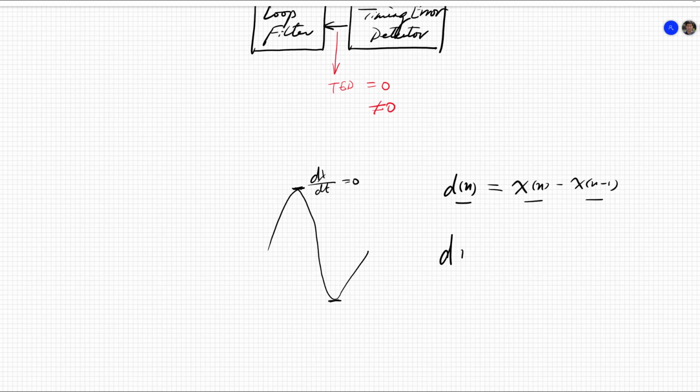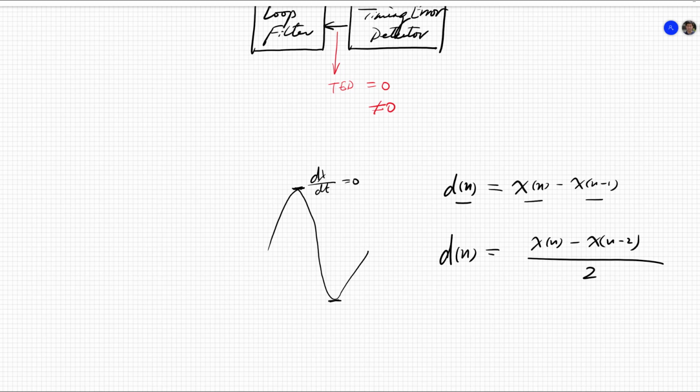The derivative we are using now is x[n] minus x[n-2], over 2. So instead of using a first difference differentiator, we are using the so-called central difference differentiator.